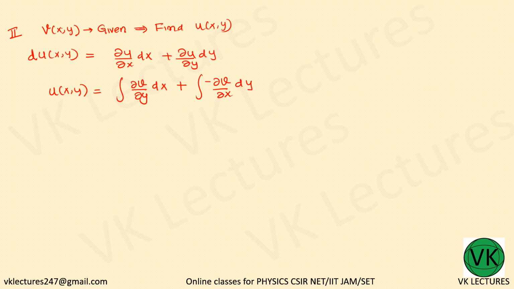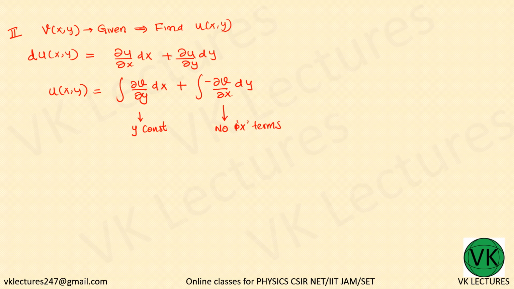Now here the first term, y is constant because it is with respect to x, and in the second term there should be no x terms. So this yields us u of x comma y.